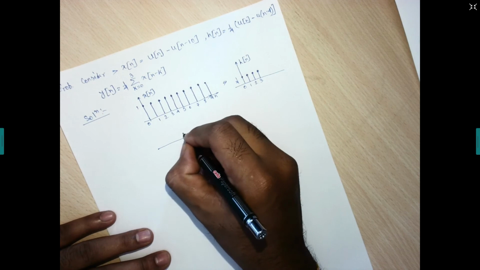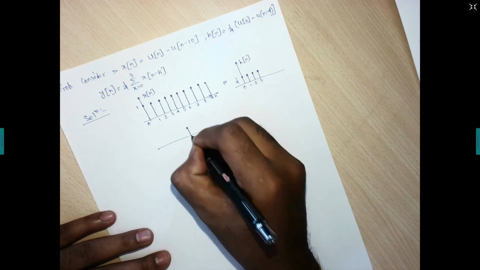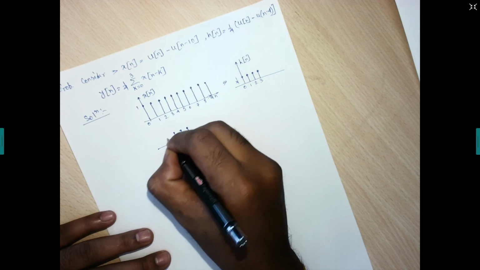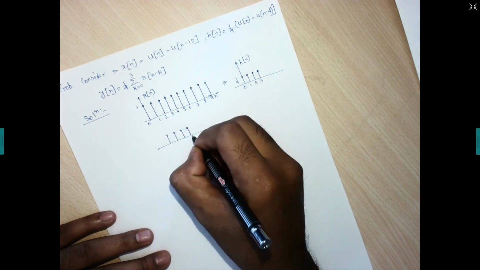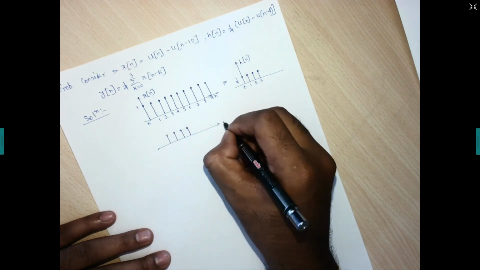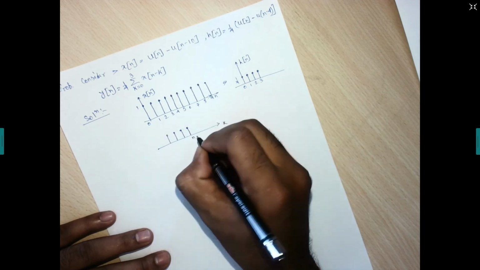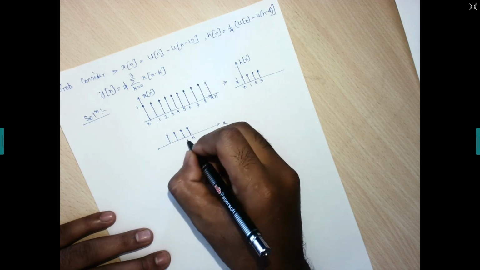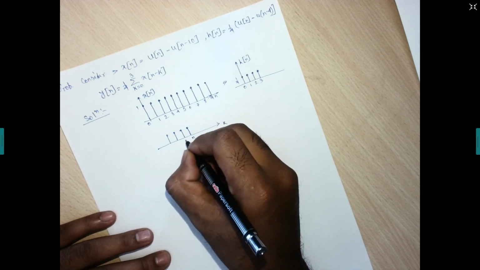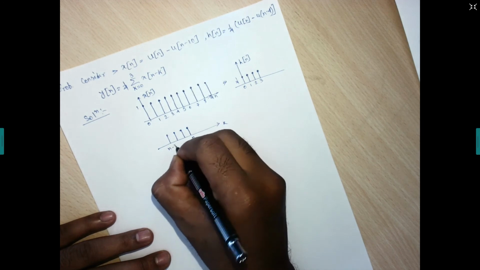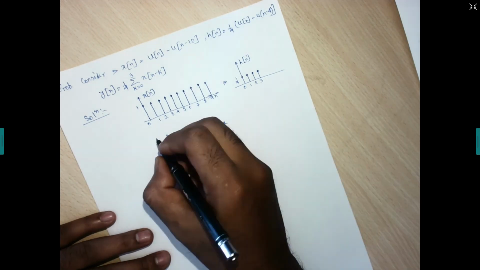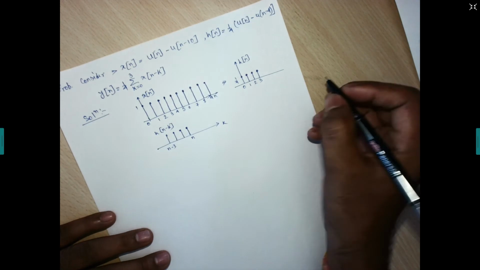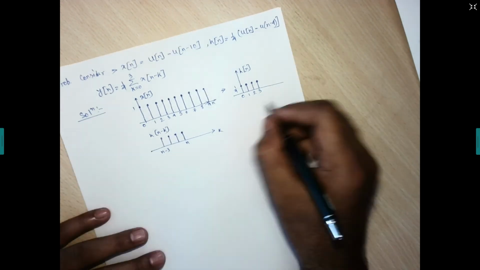Let us consider this is 1, this is 2, this is 3 and this is 4. So this is on the k axis, so this is the nth position. Then we are having 1, 2, 3, this is the last sample, n minus 3, so this is our h of n minus k, and we can represent xk.